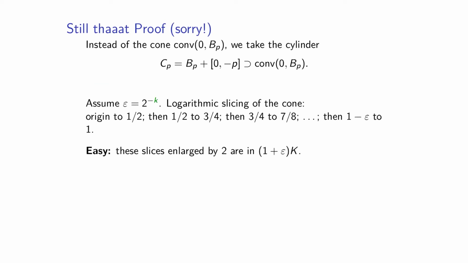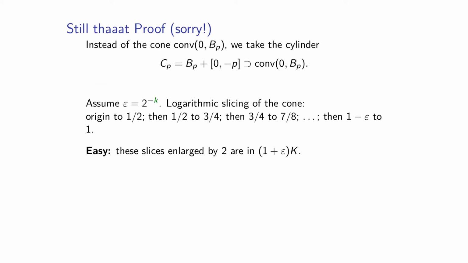So one of the bases of the cylinder goes through the origin, the other base goes through P. P has norm 1, the origin has norm 0. And I will take the first half, from 0 to 1/2 of the cylinder.